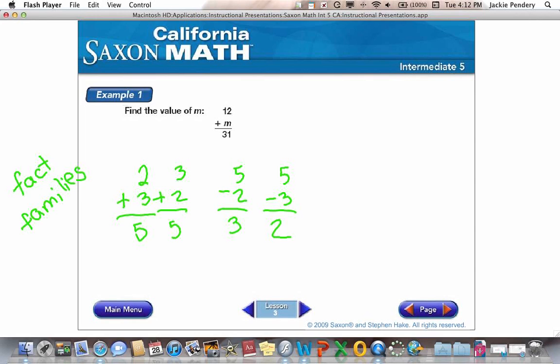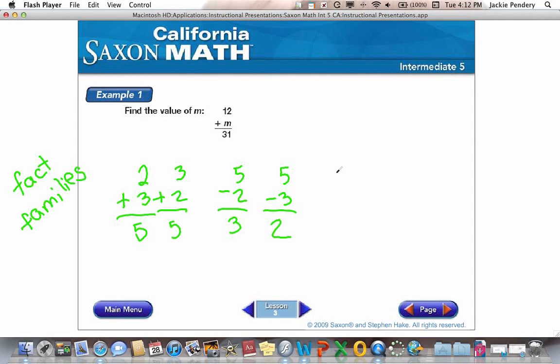I took the same three numbers, and just by rearranging them 4 different ways, I was able to show or solve that problem 4 different ways. I can add twice, I can subtract. The sum of my addition problem becomes my whole, or my minuend, fancy word, of my subtraction problem.